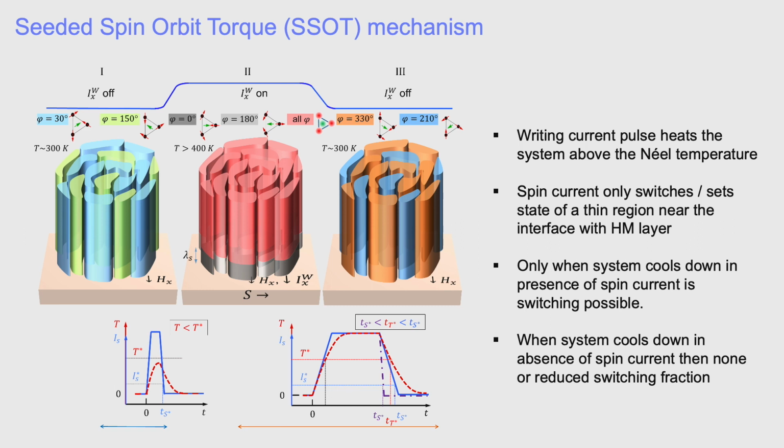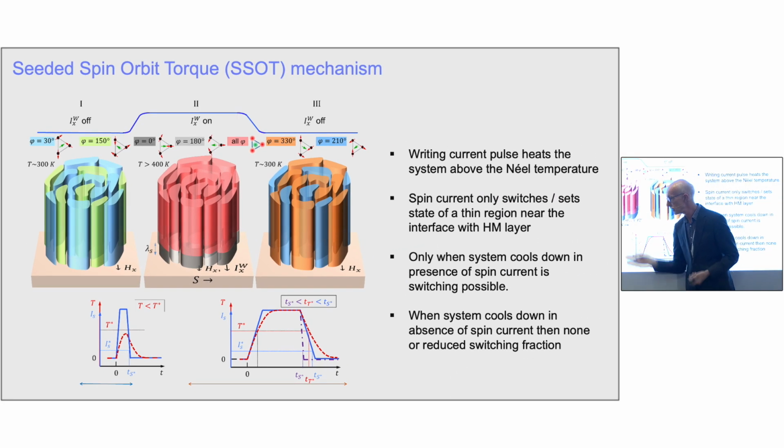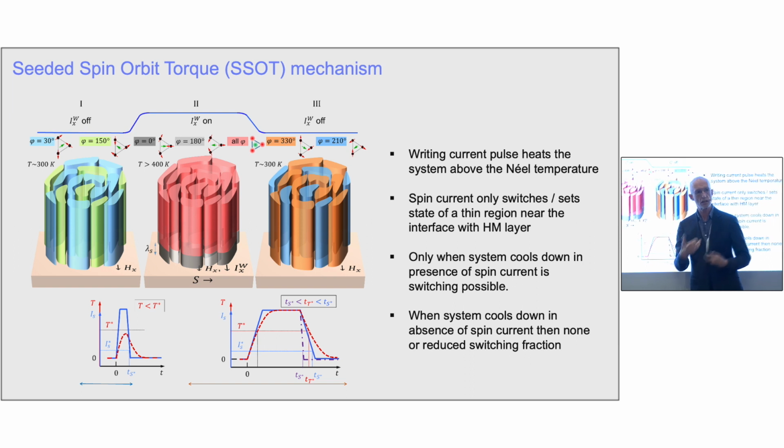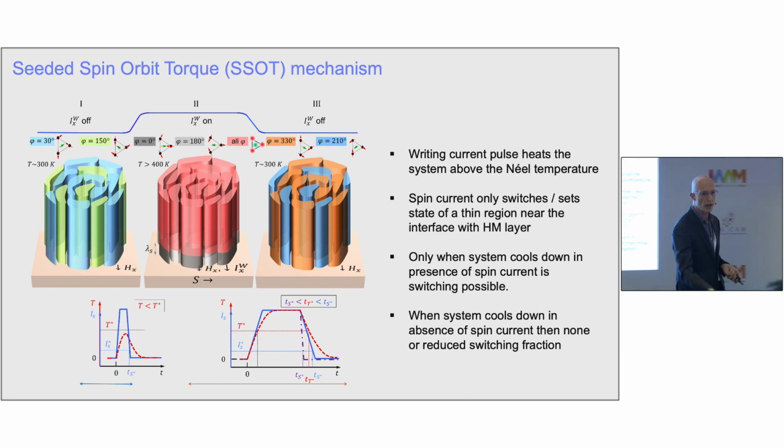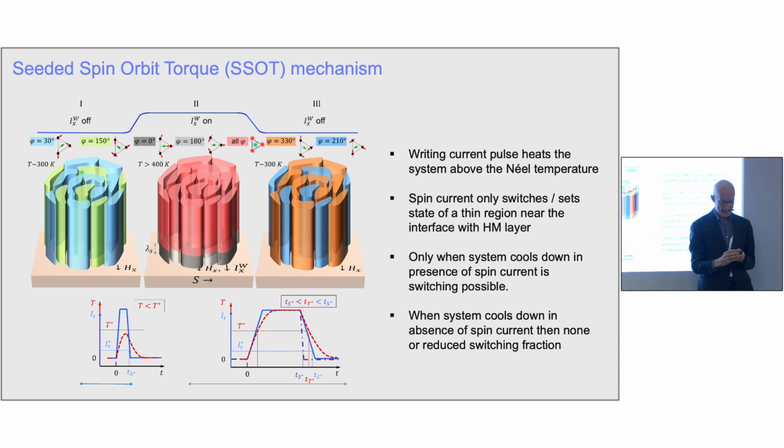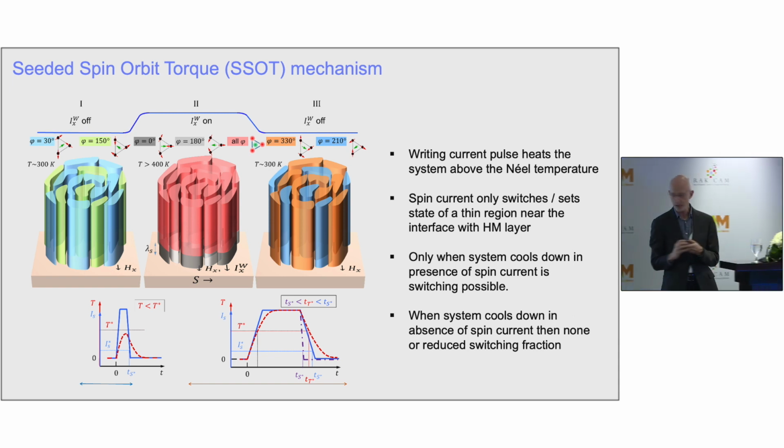The rest of the system, nothing happens until it's heated above its ordering temperature. When it cools back down in the presence of a spin-orbit torque, it will follow the interface layer. So the structure is seeded by that interface layer. We believe this is a new mechanism for spin-orbit torques that hasn't previously been considered.